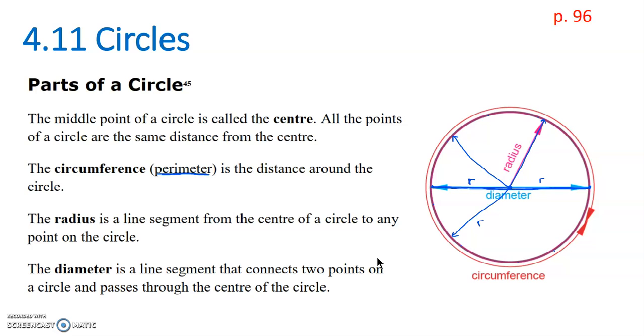That's really useful for us to know because the diameter is the radius multiplied by 2, and the radius is the diameter, or the whole distance across, cut in half. That's going to be very useful when we're calculating circumference and area.